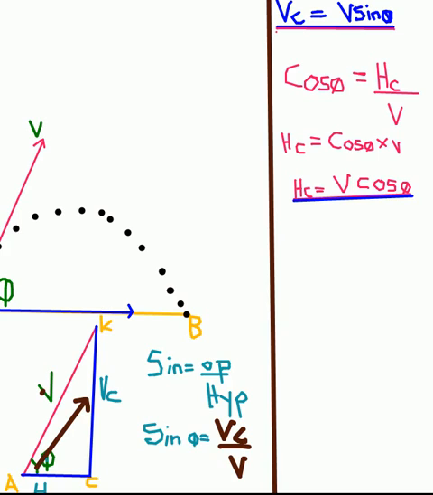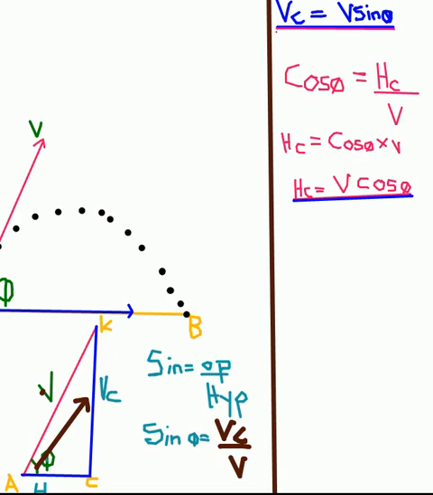The same applies to the horizontal component. The horizontal component is represented by line AC, as shown in this diagram. By using the concept of trigonometric ratios, cosine theta is equal to hc over v.